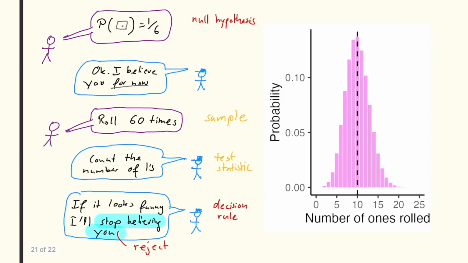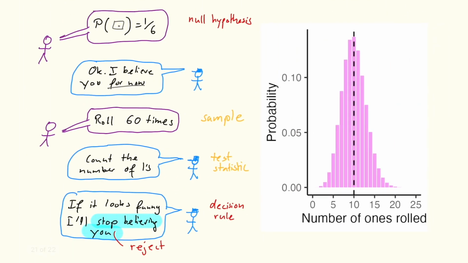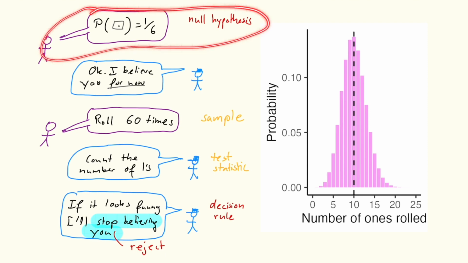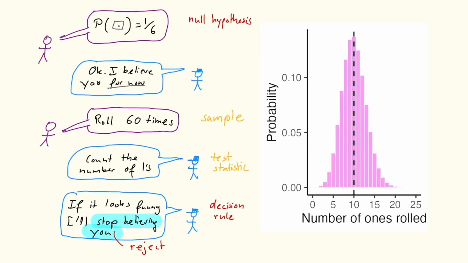What matters is that the distribution looks like this. We can use this plot to look at the probability of rolling 1 a certain number of times. For example, the probability of rolling 5 ones would be this probability. So this is the correct probability if the null hypothesis is true.